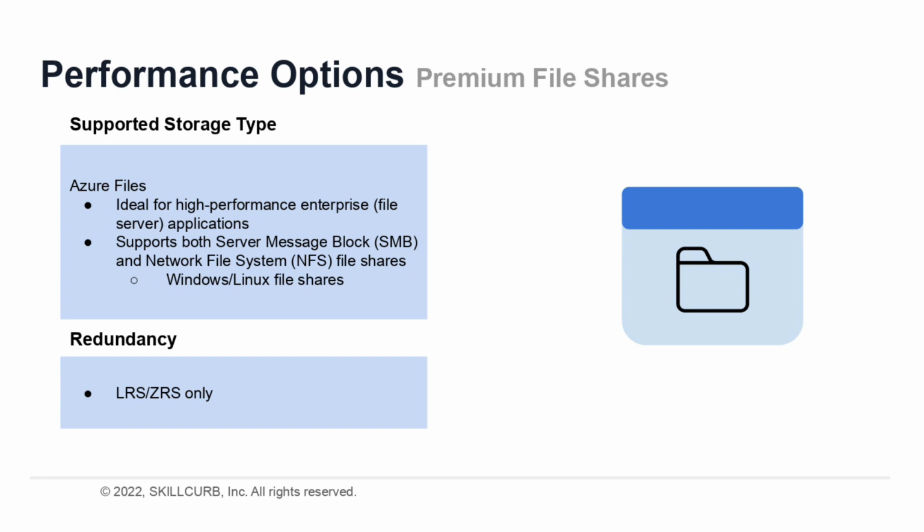From a file server format perspective, premium file shares support both the server message block or SMB storage type and also network file system or NFS file shares, which essentially break down into Windows file shares for SMB and Linux file shares for NFS. From a redundancy perspective, it is similar to premium block blobs in that it supports LRS and ZRS redundancy options only.